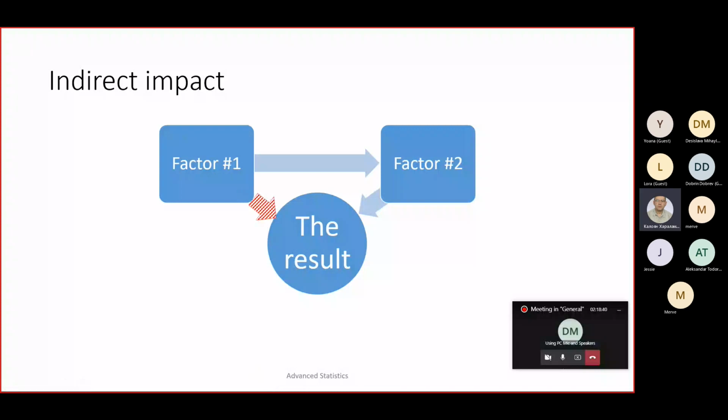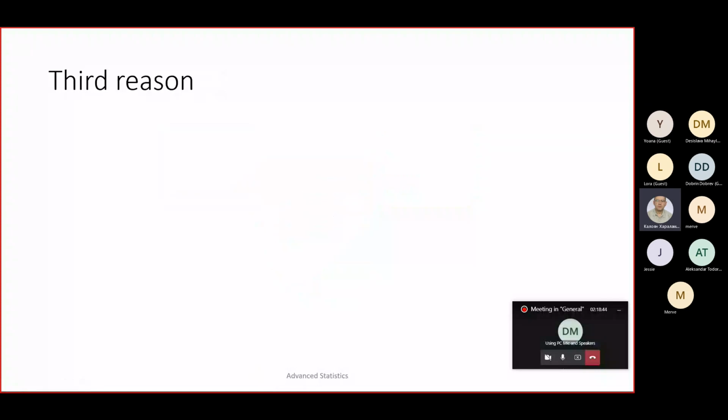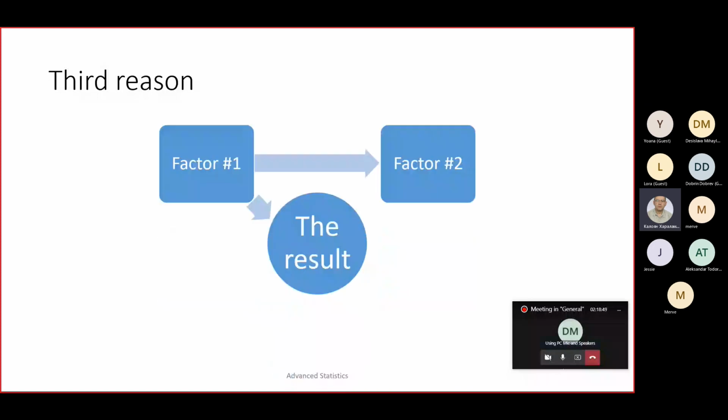This was the first example. The second is the so-called third reason. That means that factor 1 is a factor for the result, but factor 1 is also a factor for factor 2. And in this case, factor 2 is not a factor for the result.